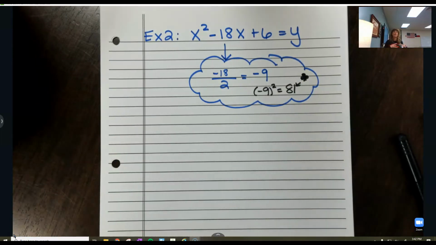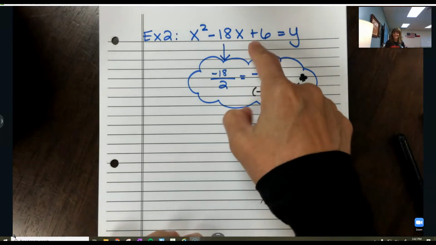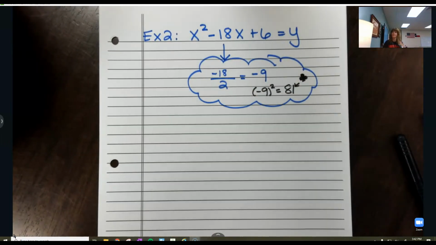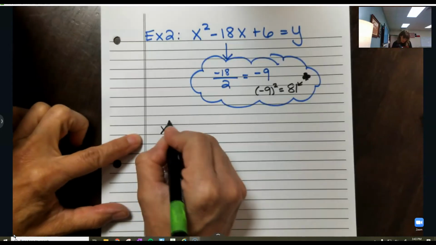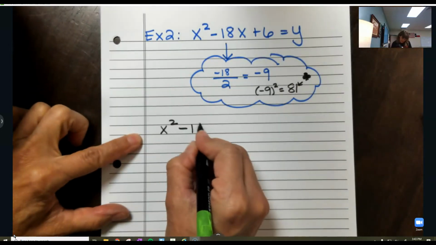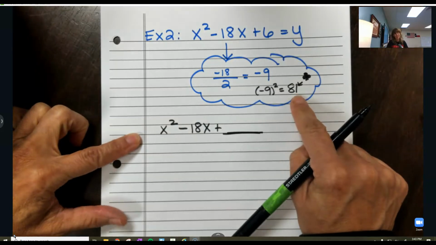Okay, so now that we have everything we need to move forward here. So remember, this 81, it has to go in the equation somewhere. The 6 is in the way. That's the C value. It's going to get pushed to the other side. So I'm going to recopy x squared minus 18x plus a blank, because that's where that's going.